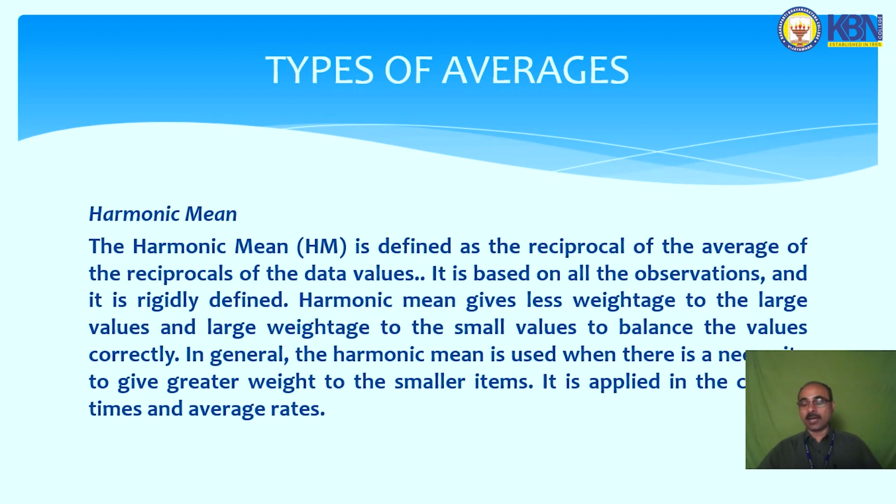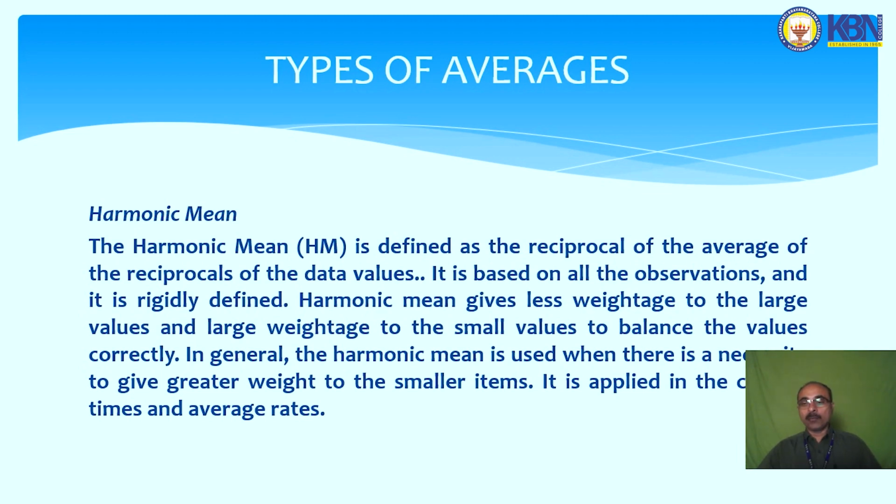Among the qualities of a good average, we came across the word that it should be rigidly defined. Harmonic gives less weightage to the large values and larger weightage to the small values to balance the values correctly. That means it will not give equal weightage to all values. The larger weightage is given to smaller values and less weightage to larger values.